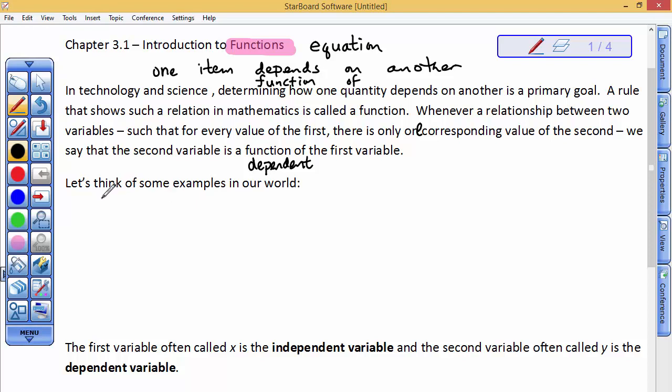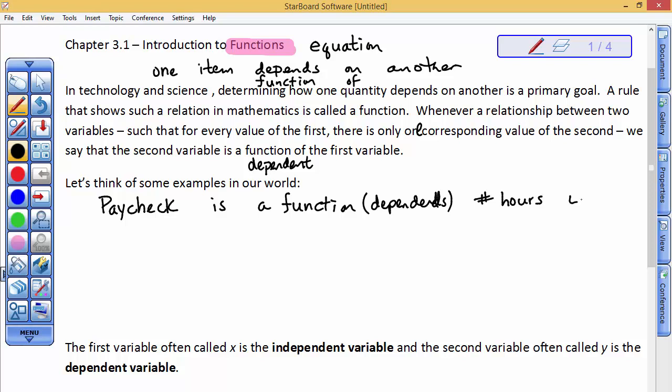Your paycheck, often, especially if you're not a salaried employee, your paycheck is a function, or I'm going to say it's dependent, it depends on the number of hours you work.